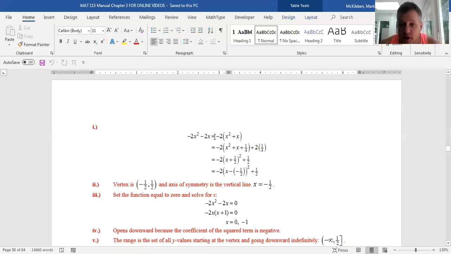And so that's what I'm doing here. That's the first step. We didn't need to do that before, right? Because there was no coefficient of x squared, but there is now. So the first step in completing the square, when you have a quadratic whose x squared term has a coefficient other than 1, is to yank that coefficient out of the x squared and the x terms.